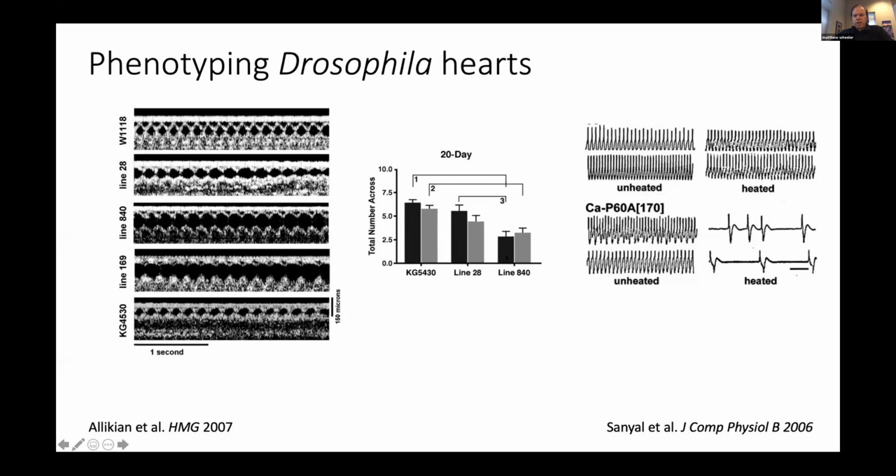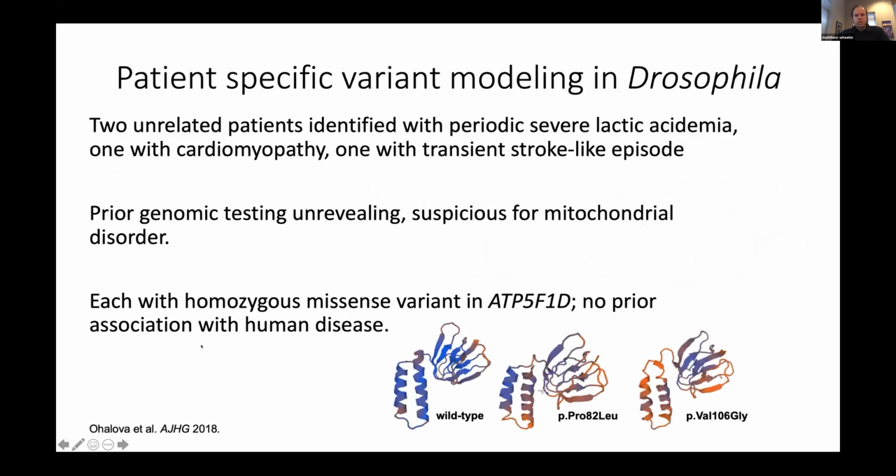Importantly, unlike your human survival curves that may take 20 or 60 years to generate, you can generate survival curves over 50 or 60 days after birth of your flies.